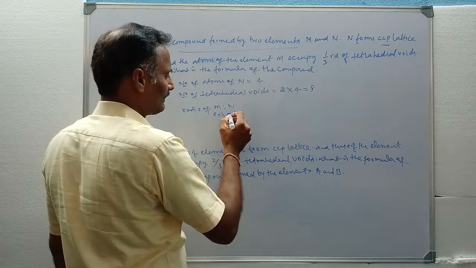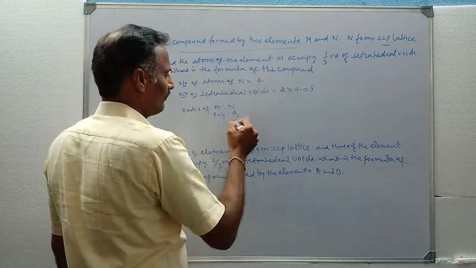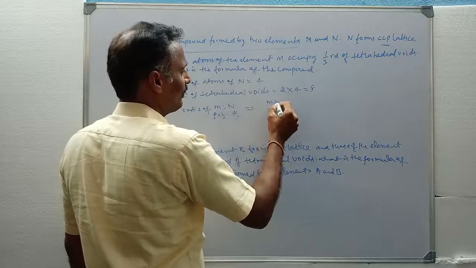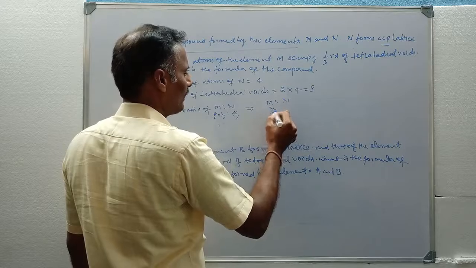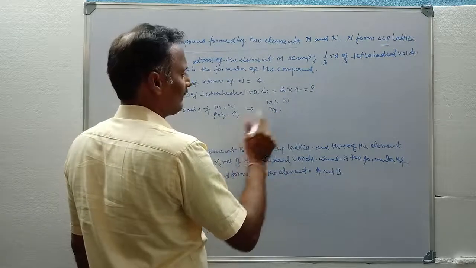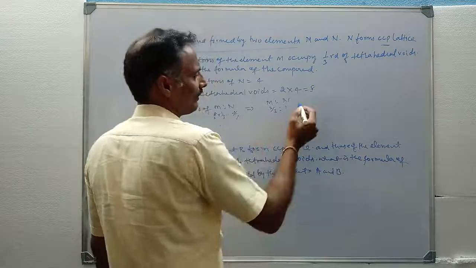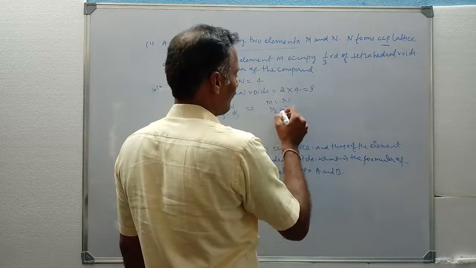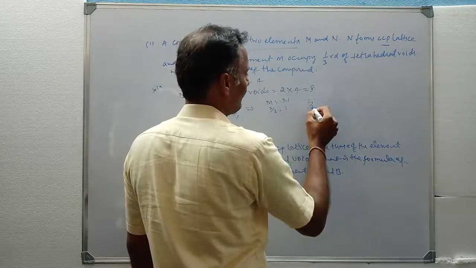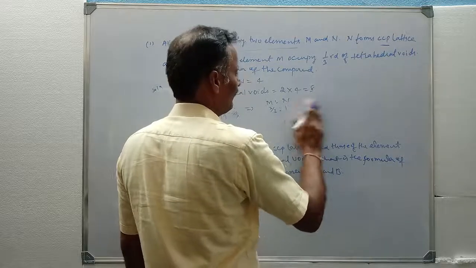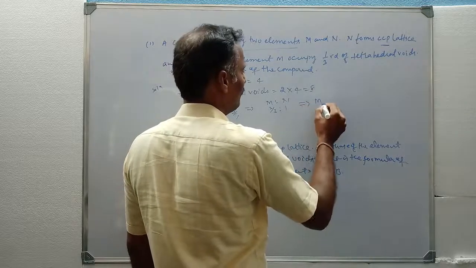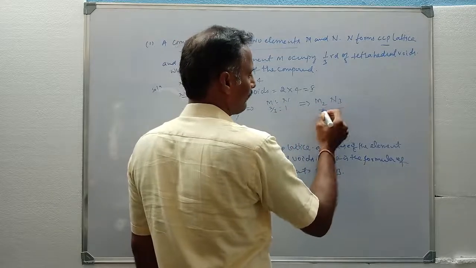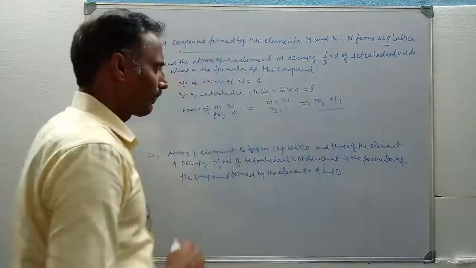So the ratio of M to N is 8/3 to 4, which simplifies to 2/3 to 1, that is 2 to 3. The formula of the compound is M2N3.